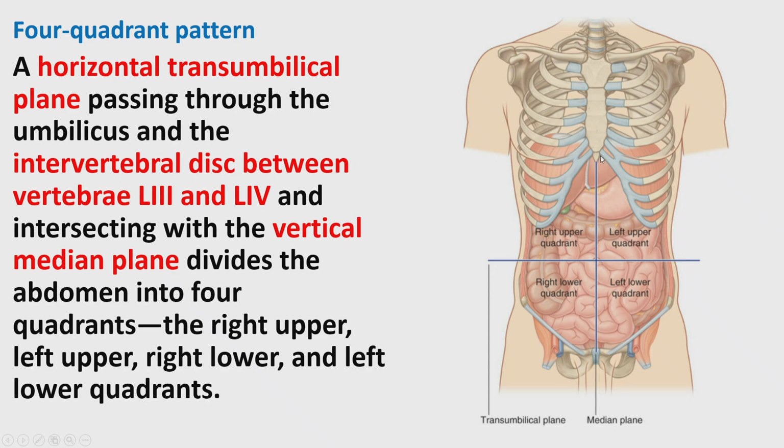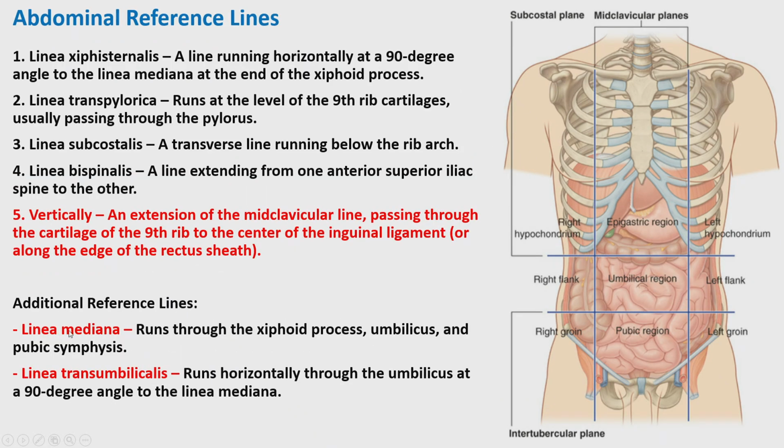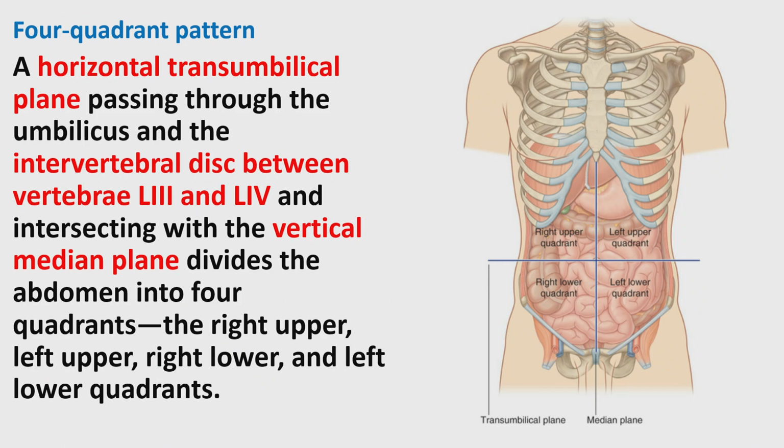So you use the line that I mentioned, linea mediana or median line, which comes from the xiphoid process, passes through the center of the umbilicus, and goes to the center of the pubic bone. This is a vertical line, and the horizontal line is the transumbilical line, which passes through the umbilicus, and thanks to these two lines, you have 4 quadrants.